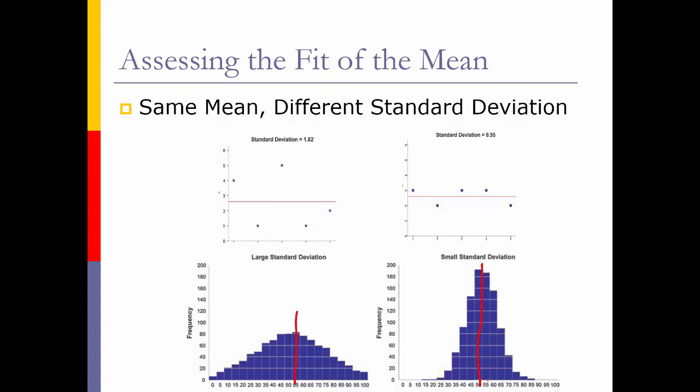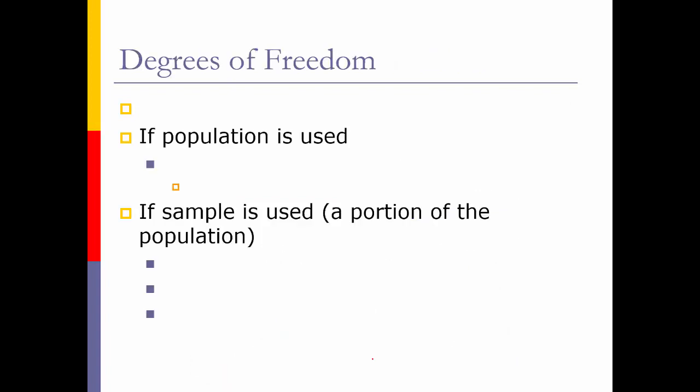Same mean, but in this data set we have some pretty big dispersion, and here we don't have very much dispersion. Our data set goes essentially from 25 to 85, and here it's 0 to probably over 100. That's a pretty big range. So that's why it's really nice to use the standard deviation.